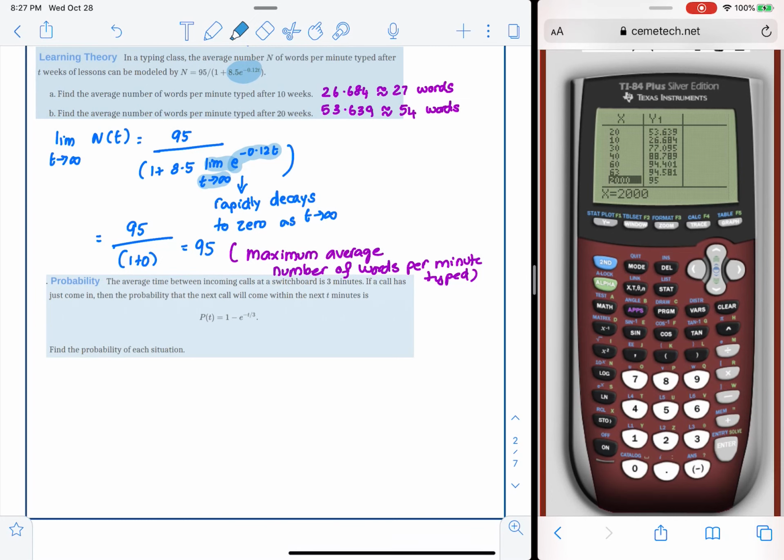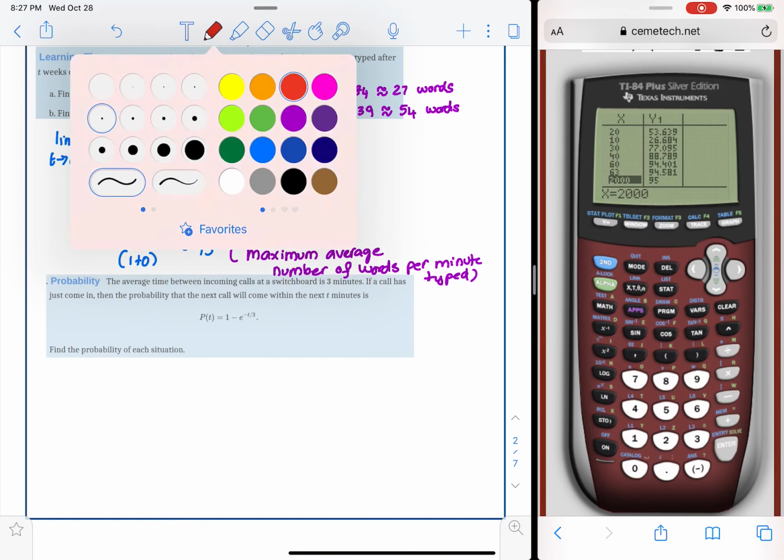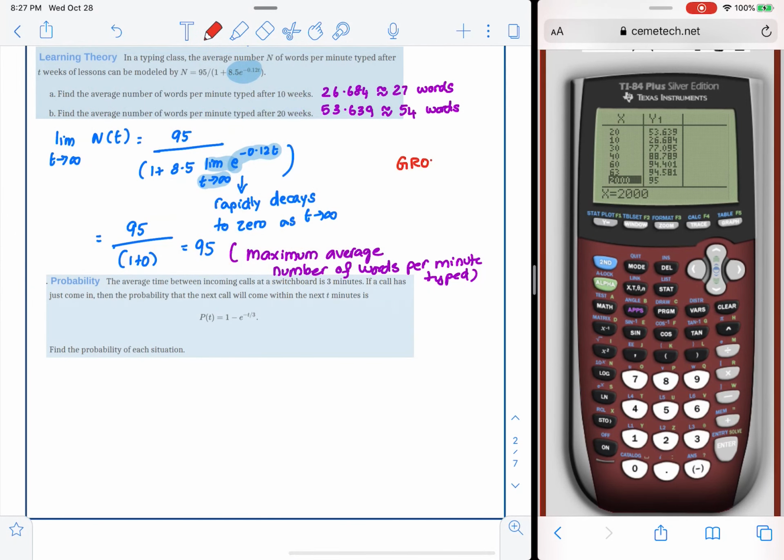So the previous problem is a growth problem, specifically inhibited growth. Here, it is going to be a decay problem, and it will decay to 0.